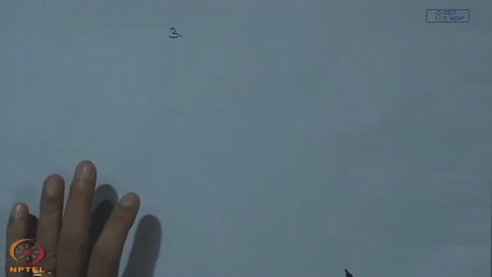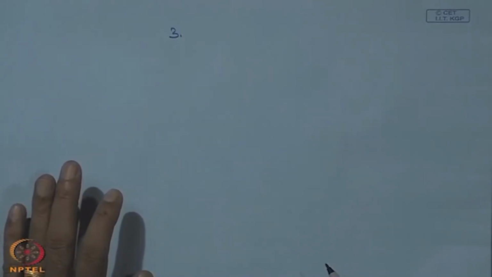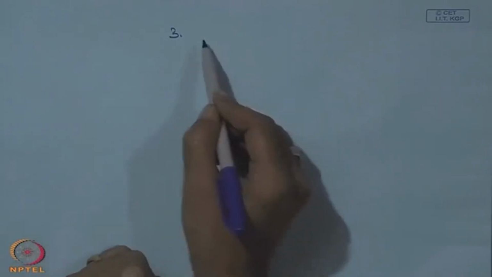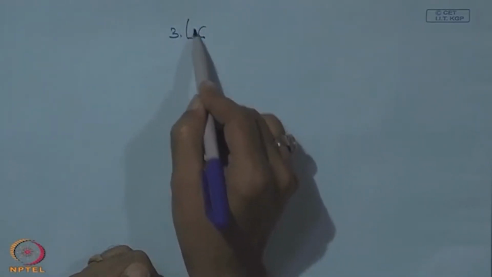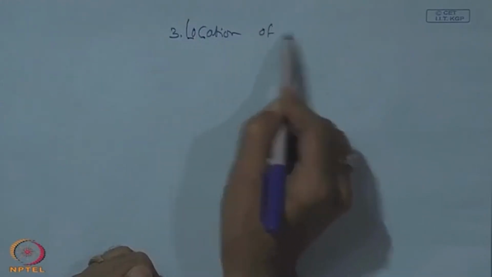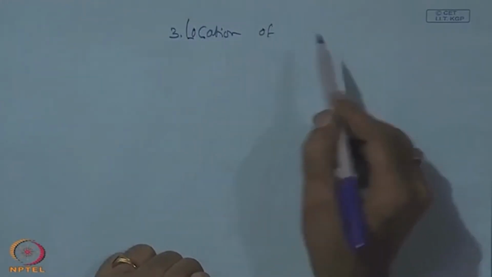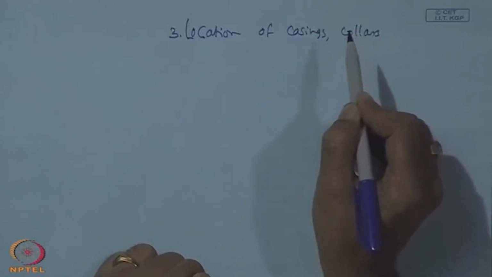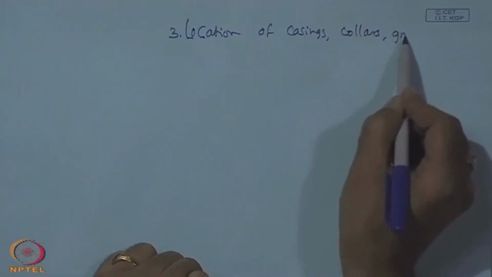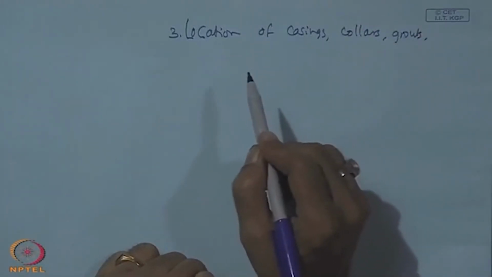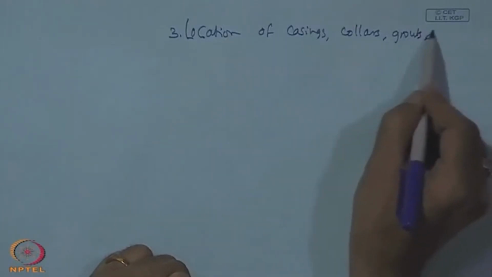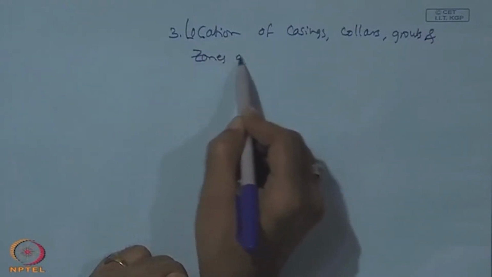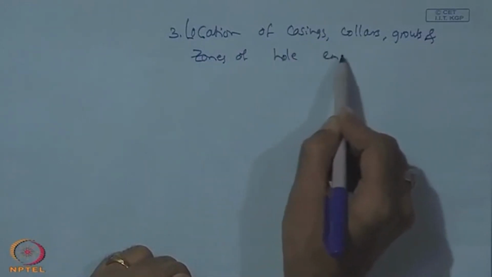And the third application of gamma ray logging is in location of casing, collars, grouts and zones of hole enlargement.